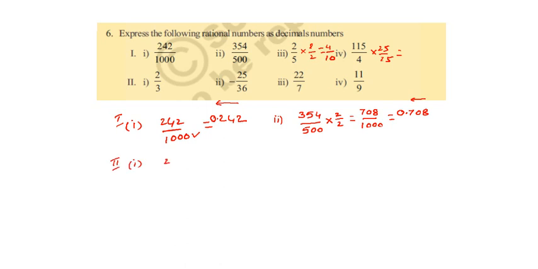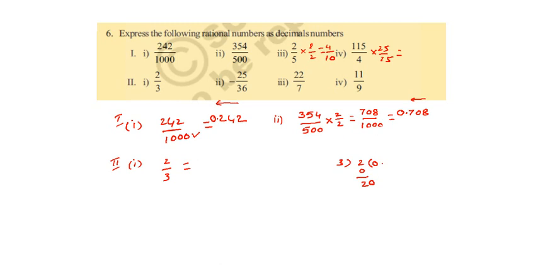Now, in the second one, the first one is 2 by 3. Otherwise, you may do the division method also. 2 by 3. How do you represent 2 by 3 in decimal form? You may divide 2 by 3. 3 zeros are 0. Again, you put a decimal point on the right side of the quotient and you write 0 on the right side of the remainder.